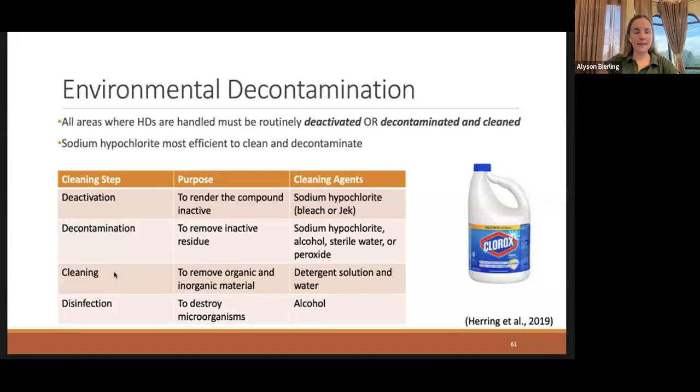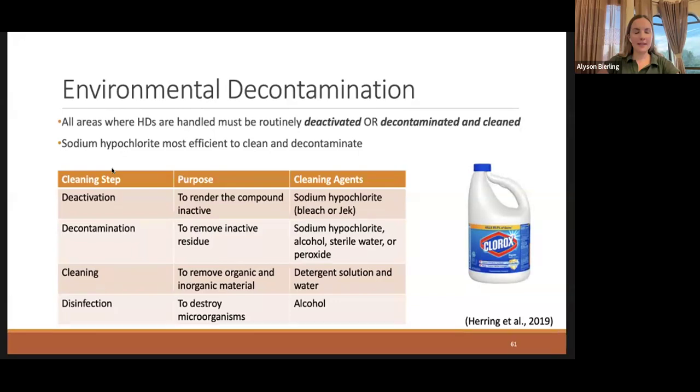And then considering decontamination of the environment, so surfaces like a nursing station or an IV pole or an IV pump that might be contaminated with hazardous drug. Ideally, we would use something called sodium hypochlorite.